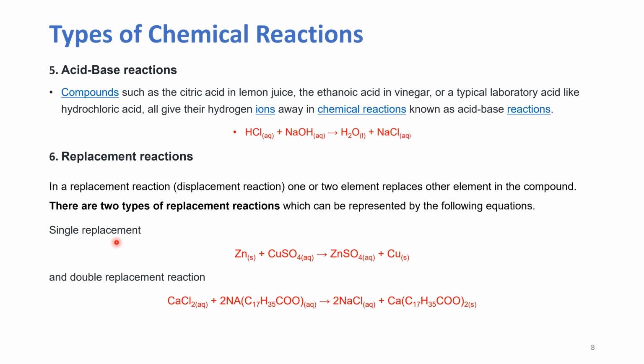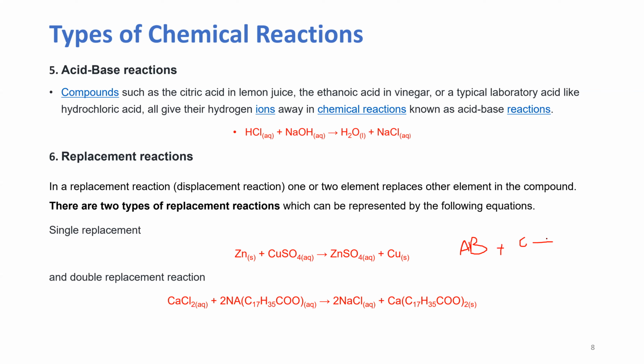And in double replacement reaction, there are two elements which are replacing the other two elements. So this is the kind of double replacement reaction. So you can see, if we write it in a generic notation, in a general form, you can say this is A, and there is the B plus C, right?